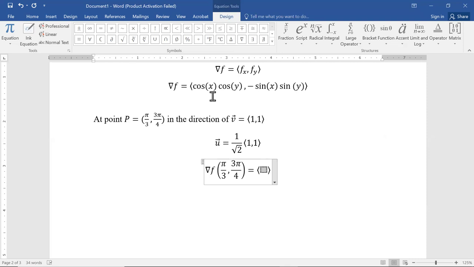Make sure your mode is in radians. Anytime we're doing calculus with trig functions, we want to use radians. If you calculate that, you get an ugly decimal.